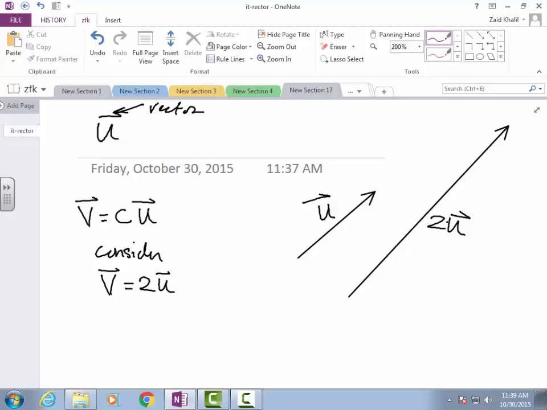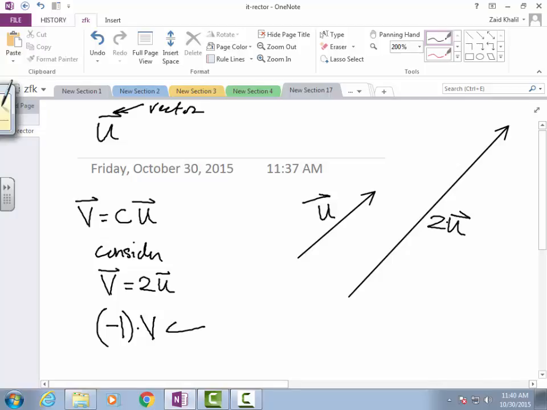But then you're like, okay, what happens if c is negative? And so now this is a definition. In other words, negative 1 times v is the vector opposite to v.